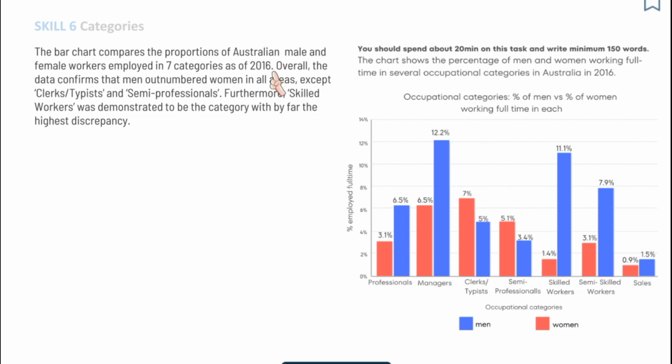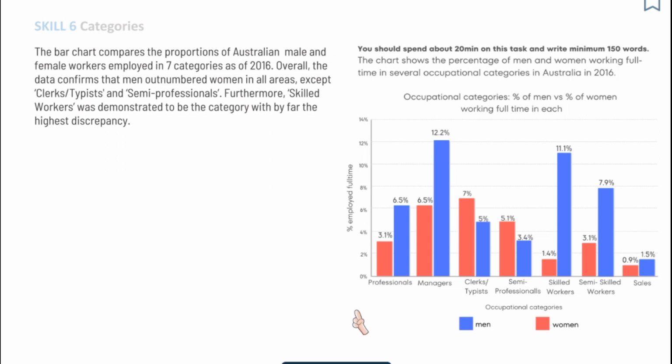Next, you see the overview. So the overview consists of 2 sentences, and let's actually talk about the overview. So overview, as you already know, includes 2-3 main features about the graph.